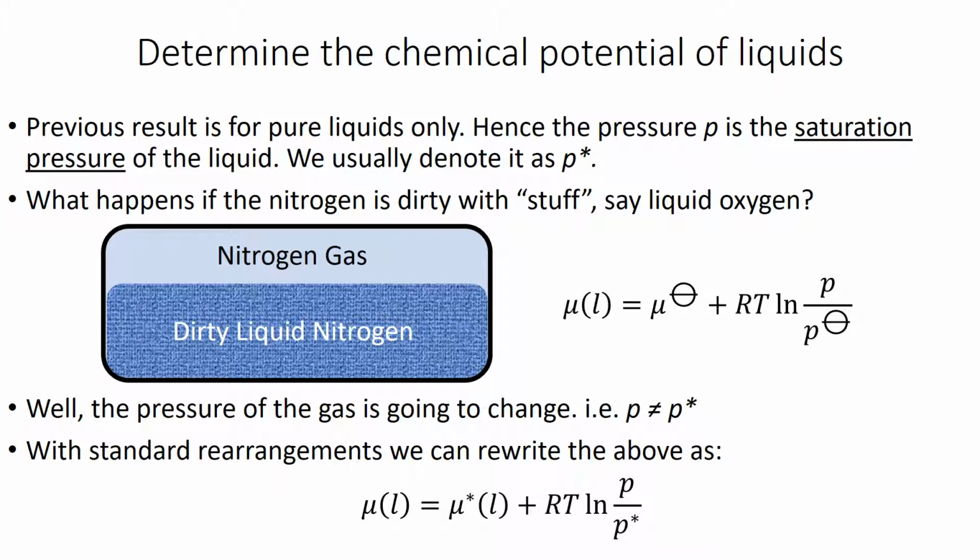And so what we've essentially done is rewrite the chemical potential for a general liquid in terms of its pure state. But the cost is that the denominator in the logarithm is not the standard pressure, which is usually 1 bar, but now the saturation pressure.